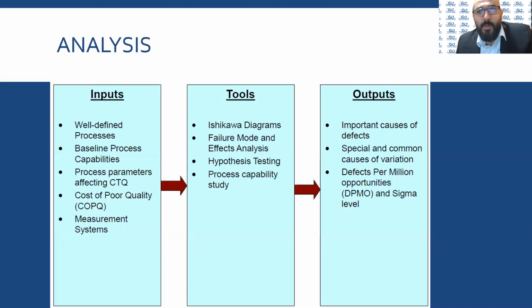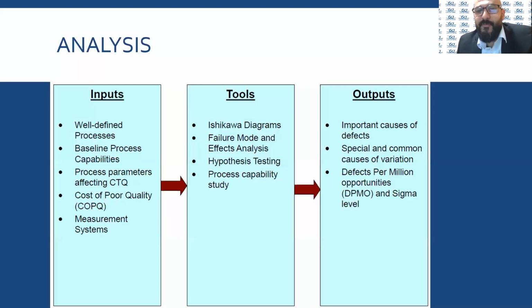Now, for the tools for the analyze phase, how we could analyze and find the issue, we have to use mainly 2 or 3 tools that we're going to focus on. There are other tools that you could find on the internet, but here we're going to focus on mainly 3 tools that we will be talking about, explain, and provide some examples. The first one, Ishikawa diagram, or what's known as a fishbone diagram.